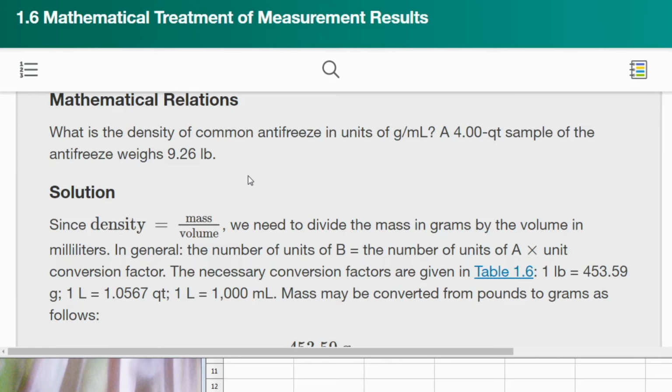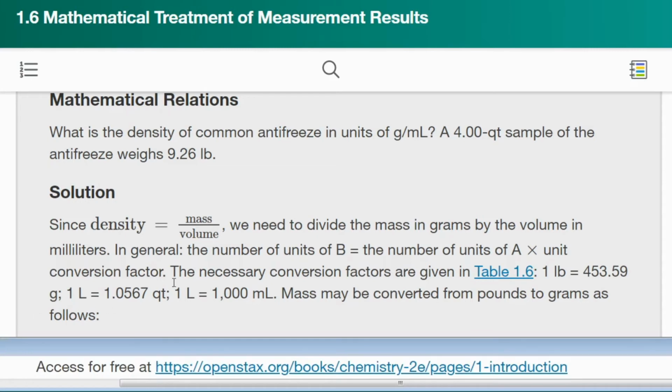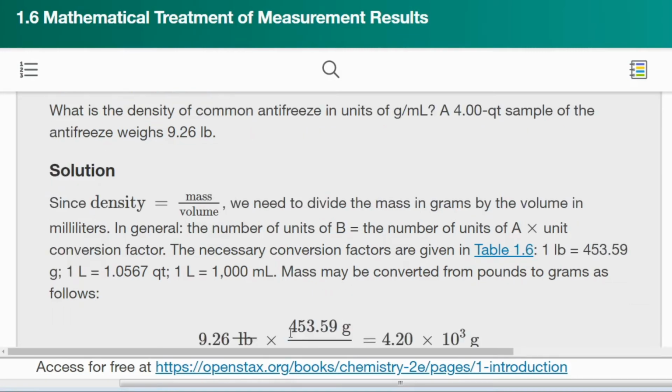Since density equals mass divided by volume, we need to divide the mass in grams by the volume in milliliters. In general, the number of units of B equals the number of units of A times a unit conversion factor. I'm sorry, that does sound a little confusing. We'll work through it. Don't worry.